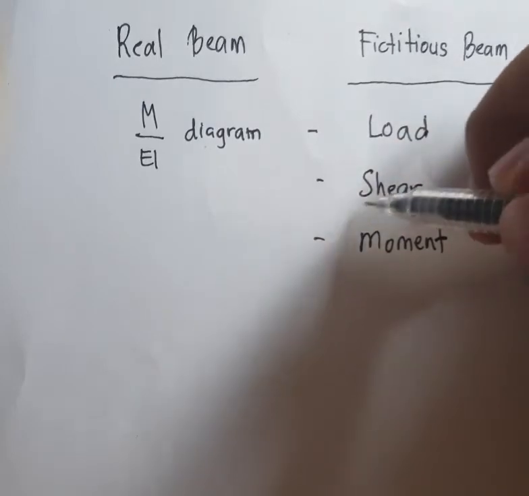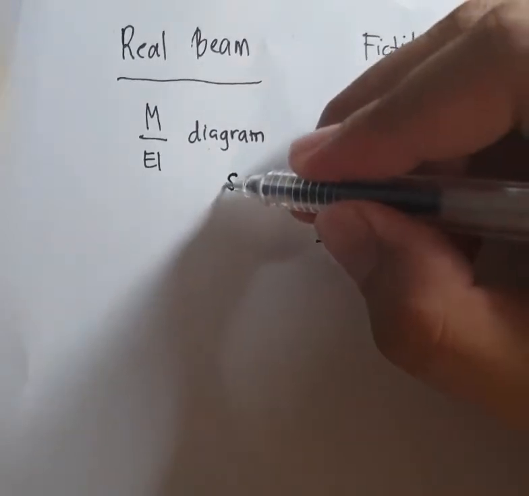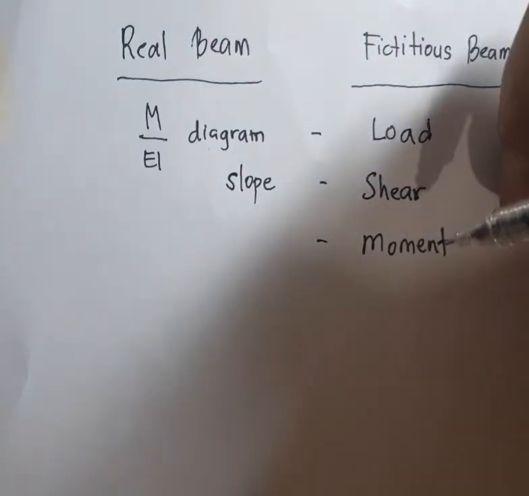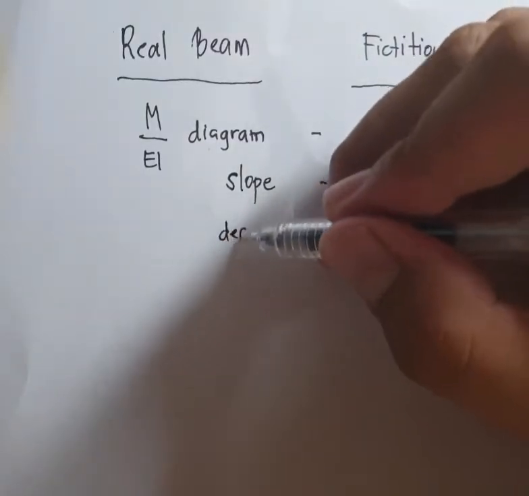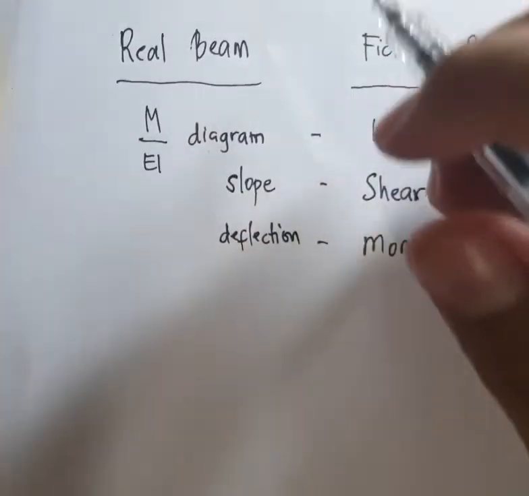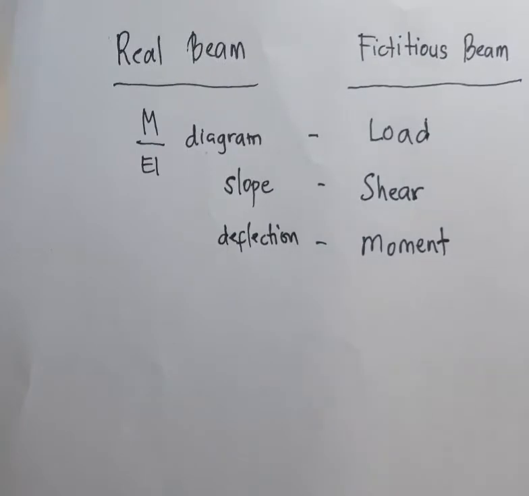So the shear here is equal to the slope of the real beam, and the moment is the deflection of the real beam. Okay? So, is that clear? This is the main concept.